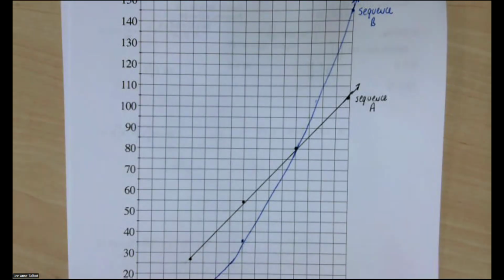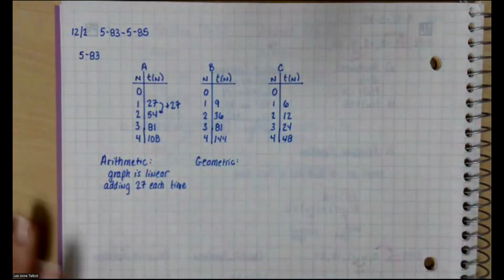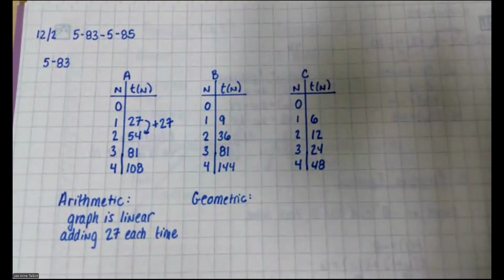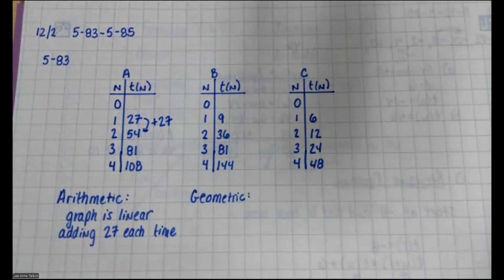Okay. Sequence B, arithmetic or geometric? Okay, and I'm gonna say two reasons.